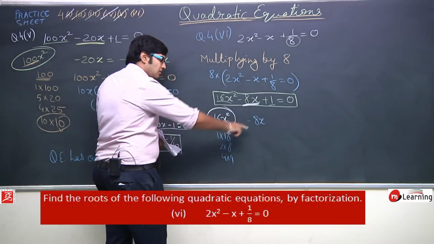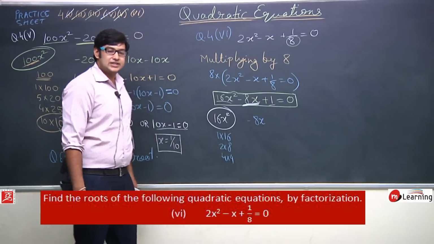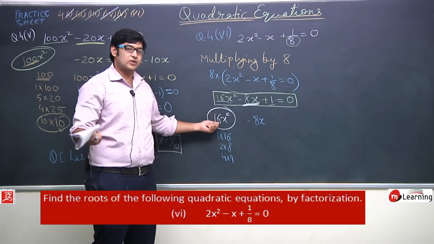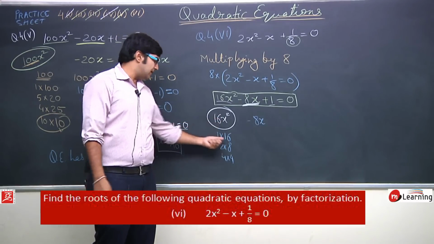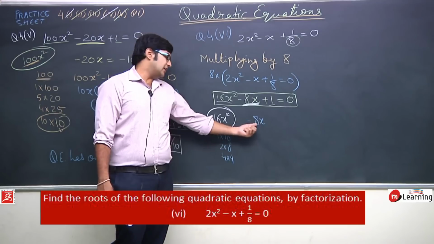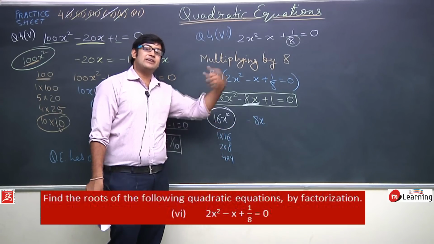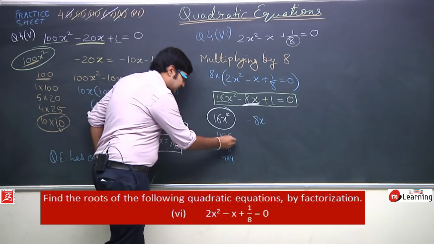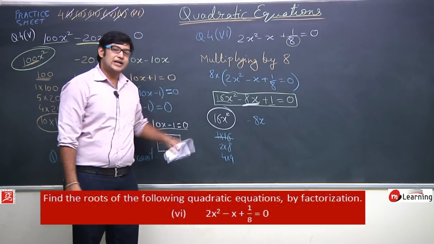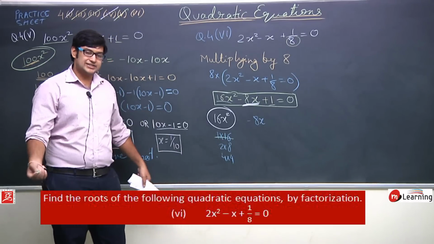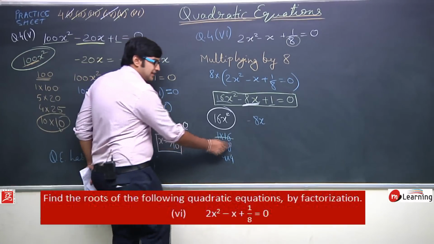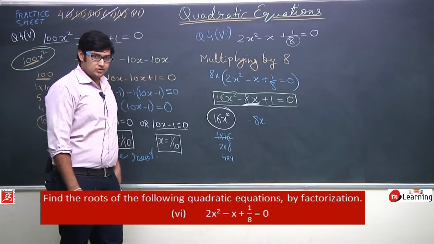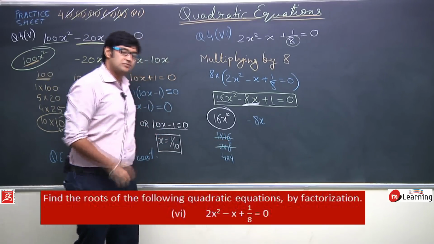Okay, now minus 8x में 8 को ध्यान से देखते हैं. 1 into 16 करने पे 16 आ रहा है, 16x square आ रहा है, लेकिन 1 plus 16 करने पे 8 नहीं आता. 1 plus 16 करने पे तो 17 आ जाता है. इट मीन्स हम ये वाला टर्म तो नहीं ले सकते. 2 into 8 करने पे 16 आता है, लेकिन 2 plus 8 करने पे 8 नहीं आता. 2 plus 8 करने पे तो 10 आ जाता है. तो इट मीन्स ये वाला एक्सप्रेशन भी नहीं ले सकते.